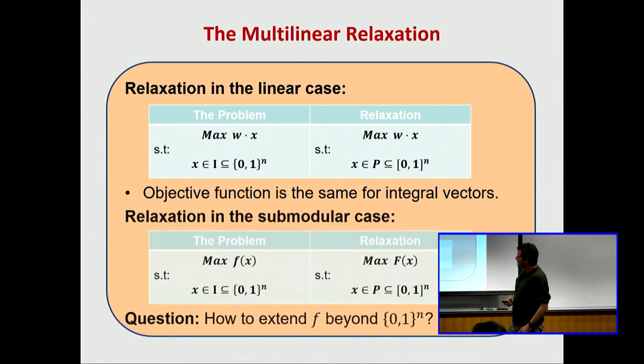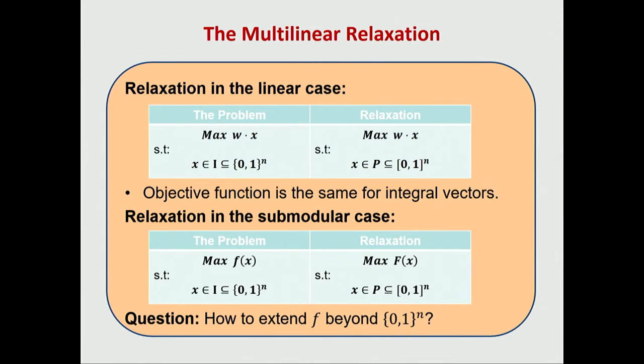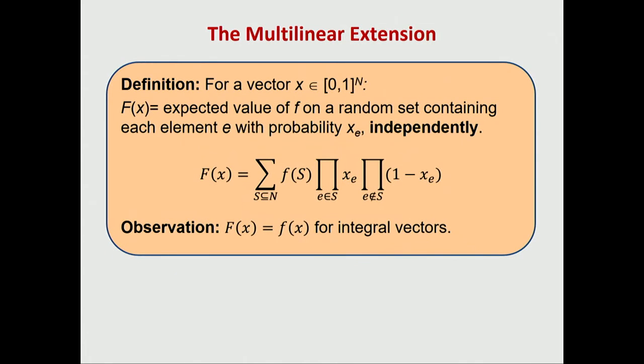So here you take the feasible region, you make it a polytope. But then you ask yourself, how can I extend the function f(x) to a function over fractional solutions? And there is flexibility here. It turns out that for maximization problems, a really useful extension is the multilinear extension.